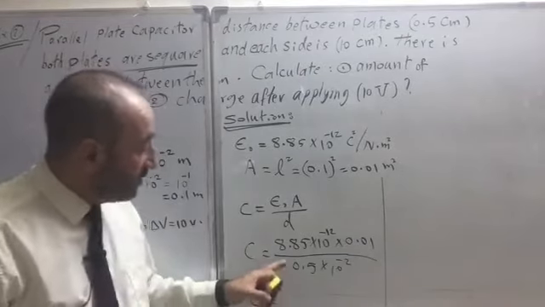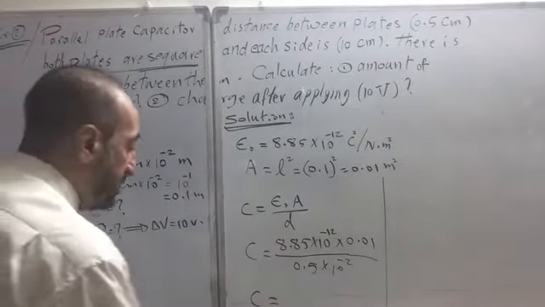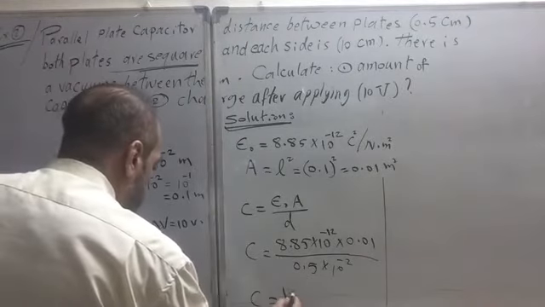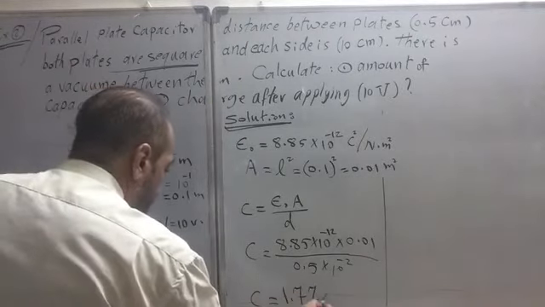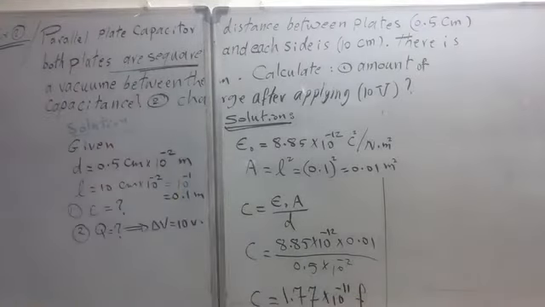We can simplify between the numerator and denominator, and the result is 1.77 times 10 to the power minus 11 farad.